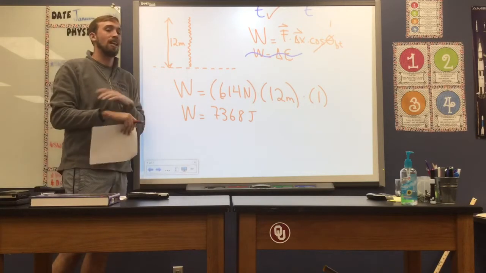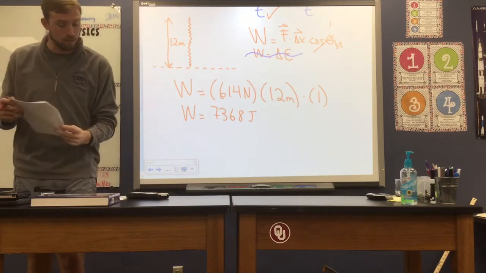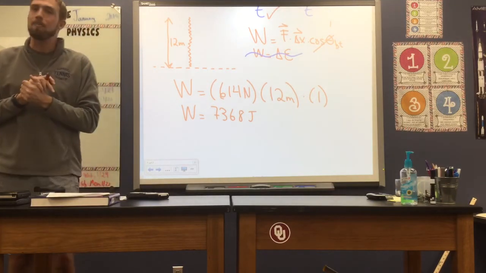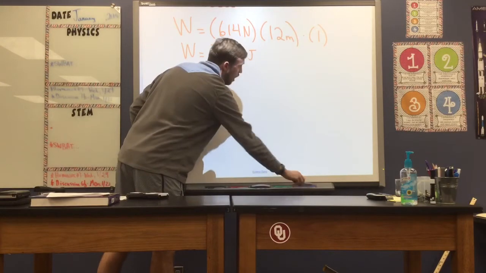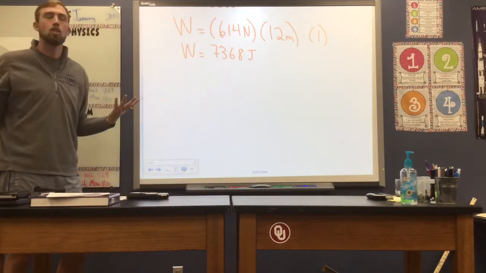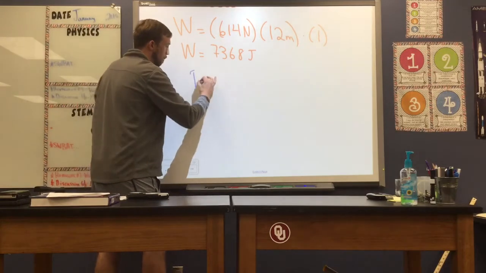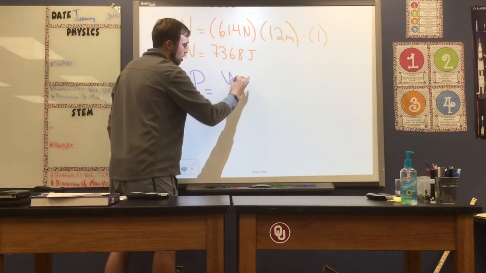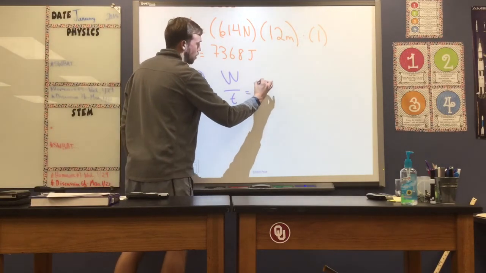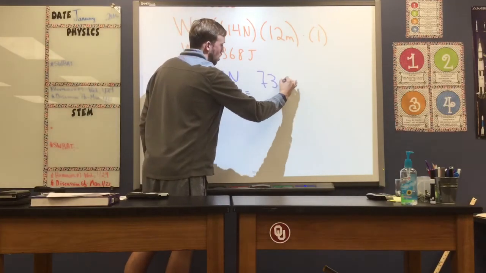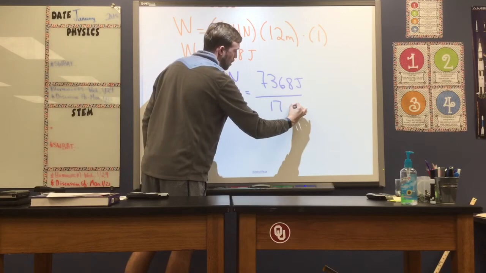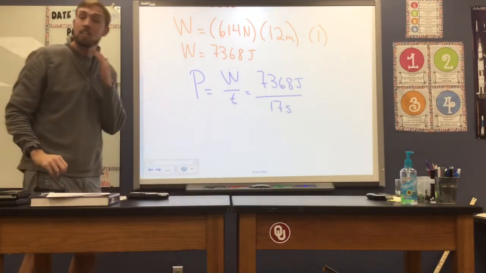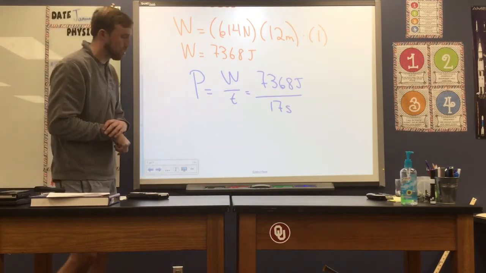Now, this question is not asking us for the work done, it's asking us for the power expended by the student. And remember, power is just a rate of change of our work. How long does it take to do that work? So power, P, is the work done over time. I'm just going to take 7,368 joules divided by our time, which needs to be in SI units of seconds, 17 seconds.